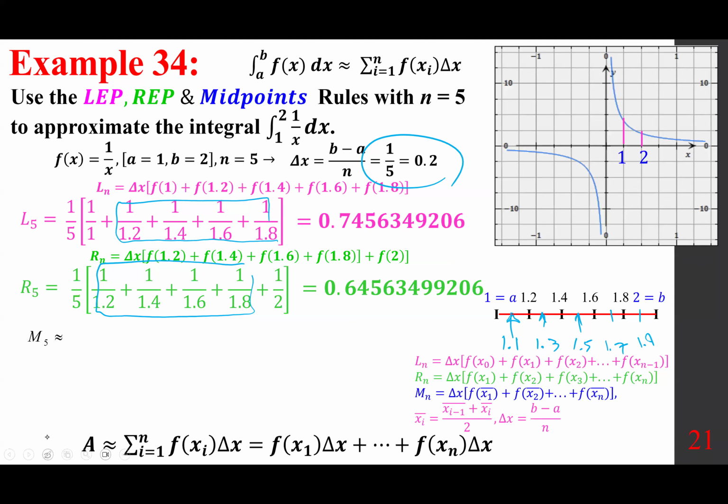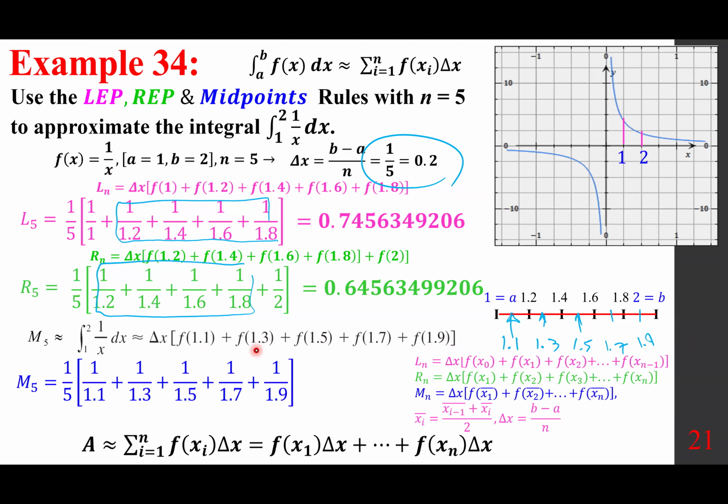So M sub 5 is delta x times f of these points now. f of 1.1, f of 1.3, f of 1.5, f of 1.7, f of 1.9, add them up. And of course, f of 1.1 means 1 over x, 1 over 1.1, 1 over 1.3, and the rest of it. You put it into a calculator. This is the final answer. And this is a better approximation than the other two. Normally, the midpoints do a better job than the right endpoints or the left endpoints.